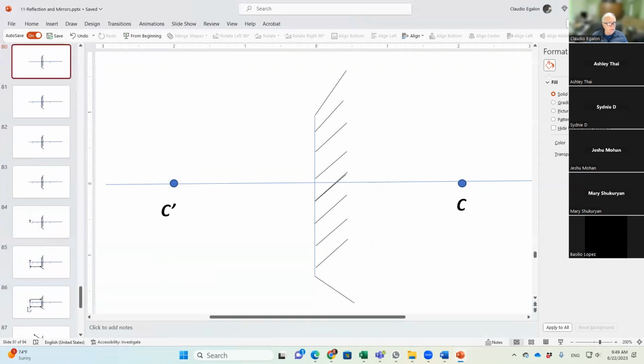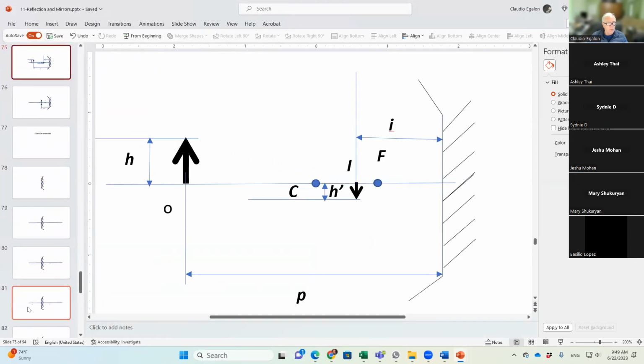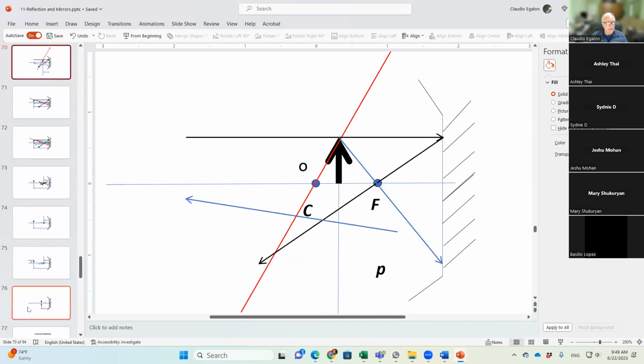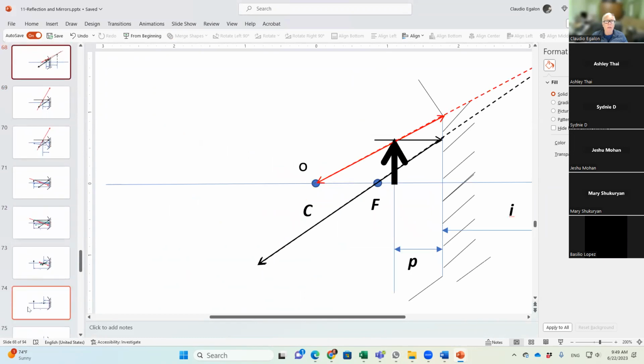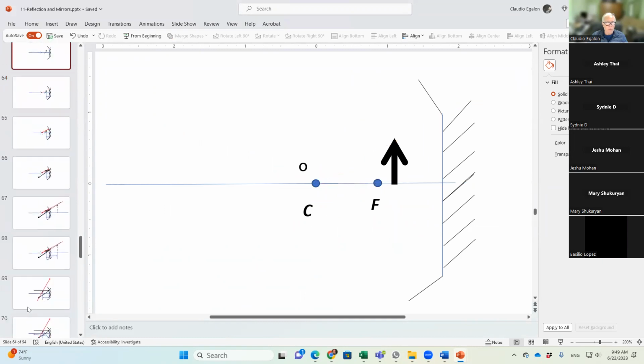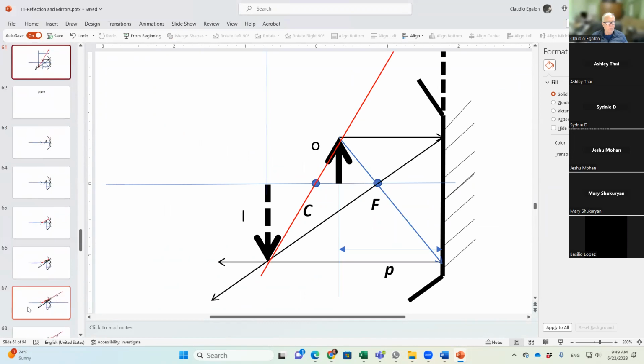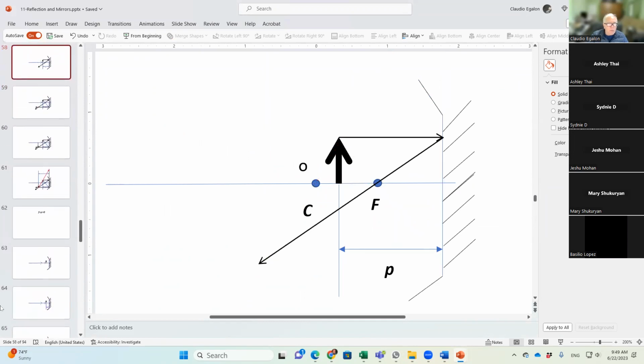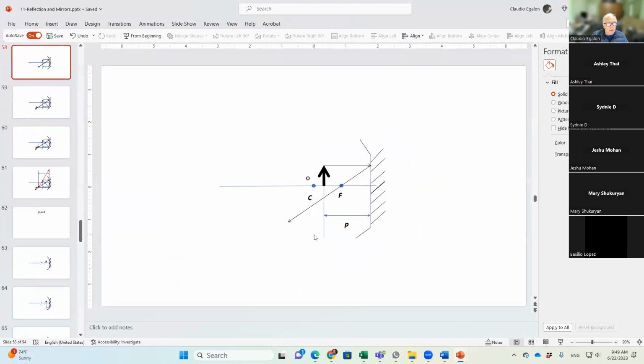Oh, that's a divergent mirror. What you see here is a real image. Oh, it's too large.